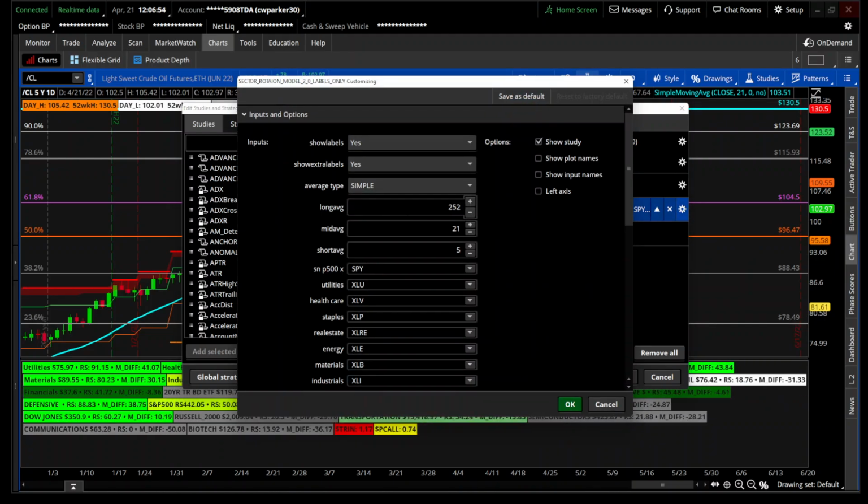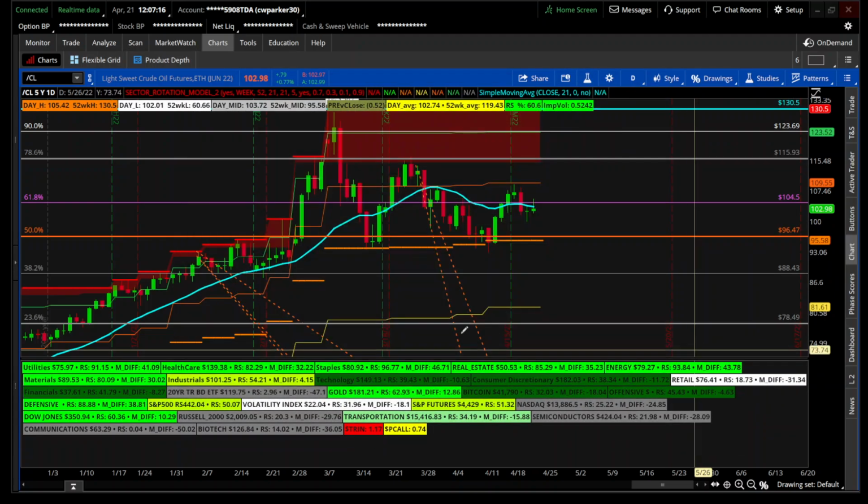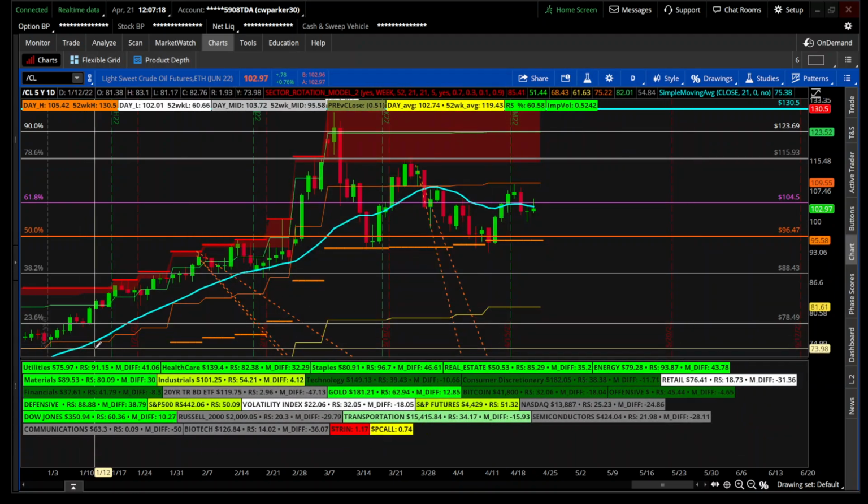The long average is 252 days; 252 is the year, 21 days is the month, and 5 days the week. So that's how I set it up: you have short average, mid average, and long average. But like I said, if it's above its 50 midpoint between the 52-week high and 52-week low, and the short average is greater than the mid average, then it'll be bright green.